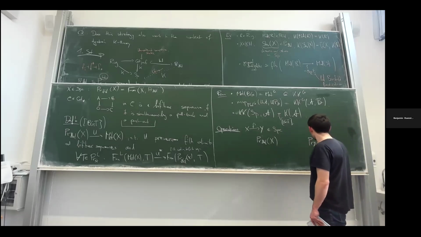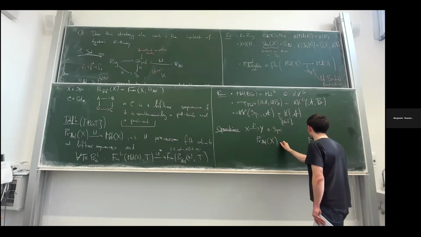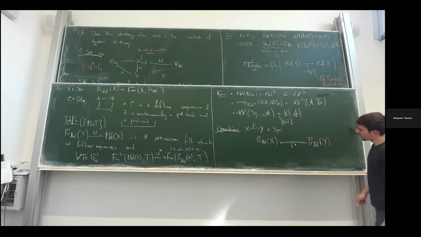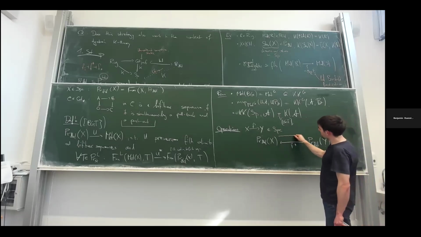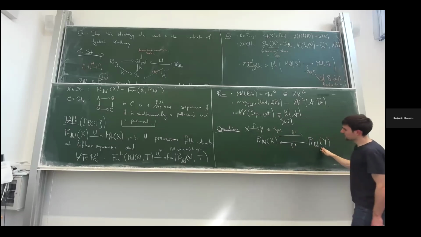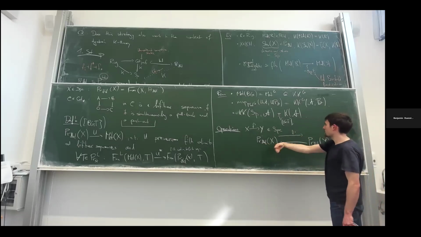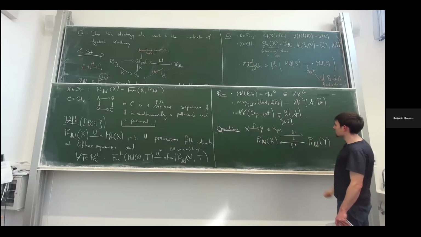Given something indexed on y, we can pull it back to something indexed on x. And also, we have a push-forward operation. Note that these are just functor categories, and because this is co-complete, we have a left Kan extension, which I denote by f lower shriek.